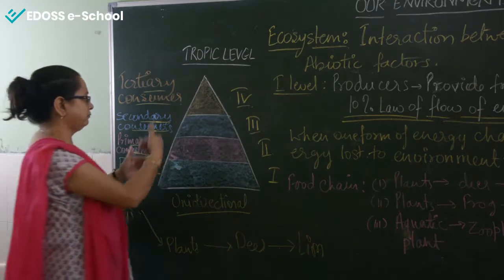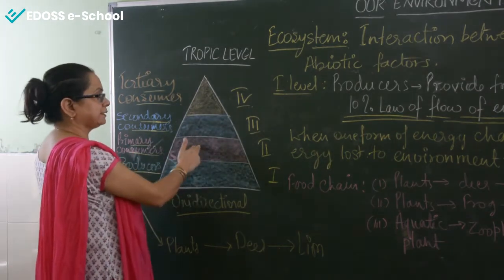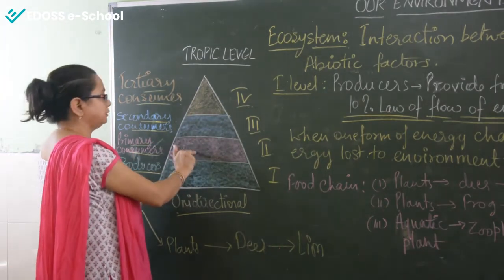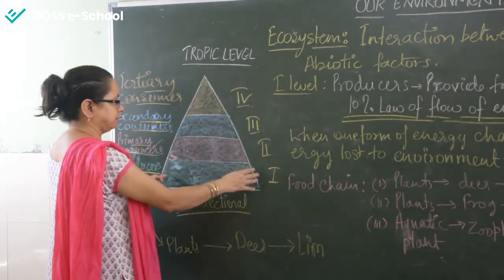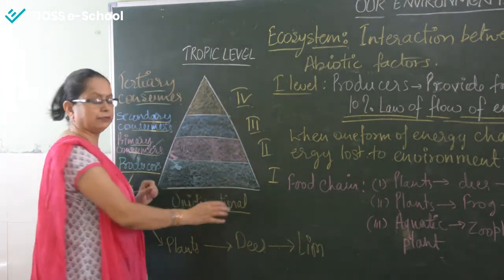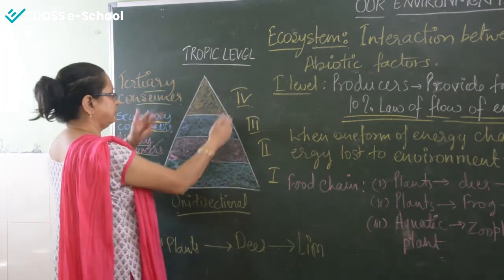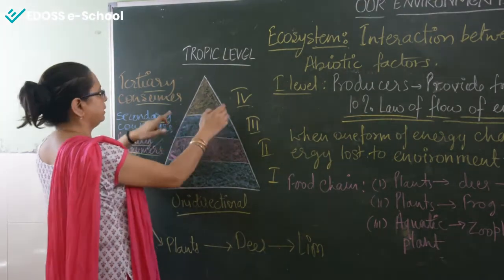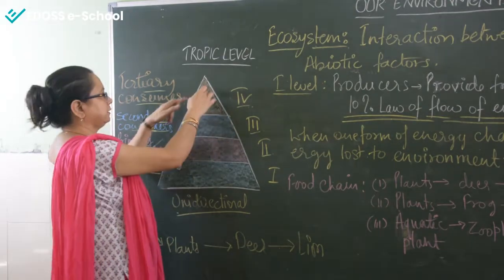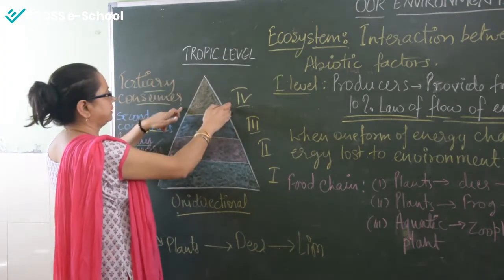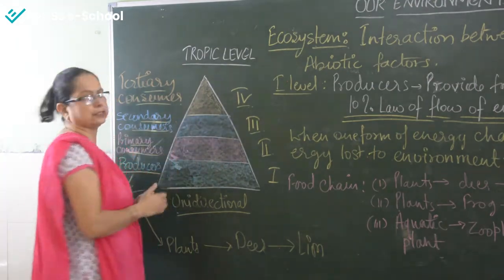Then the second level, which includes all the primary consumers, is comparatively smaller than the first level of producers. Then the secondary consumers are smaller than the primary consumers, and the tertiary consumers are already less than the secondary consumers.